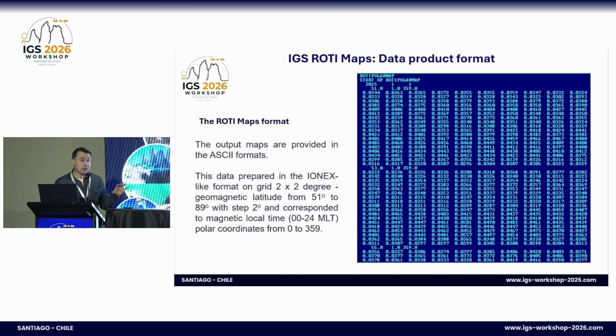We developed a format which describes this daily grid. It's similar to IONEX and presents values of rate of TEC on a 2.2 degree geomagnetic latitude grid and 24 hours of magnetic local time.